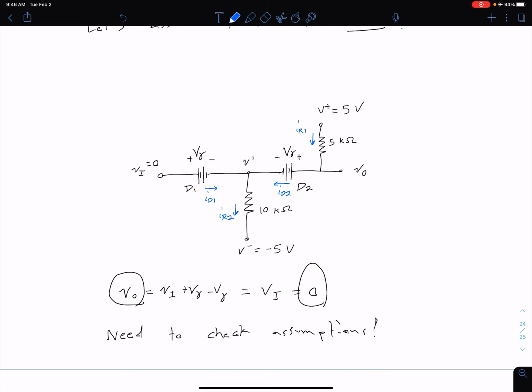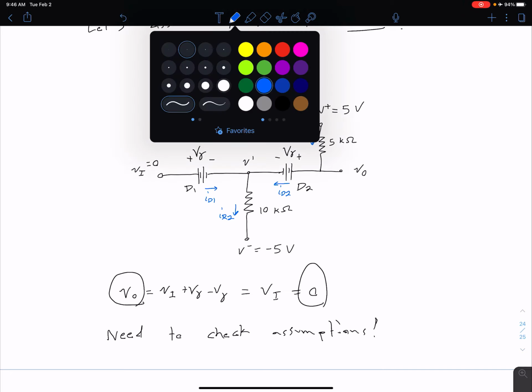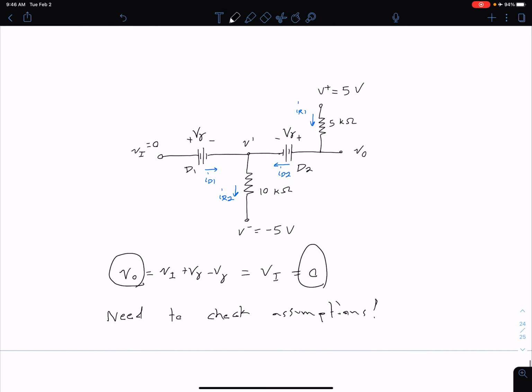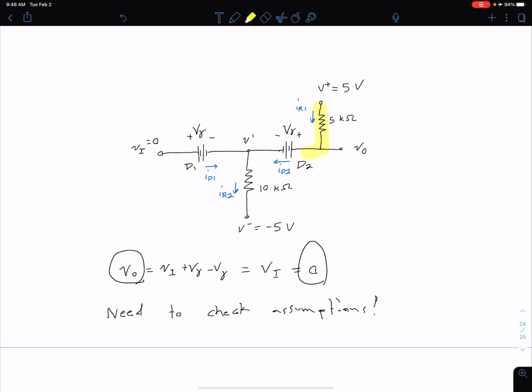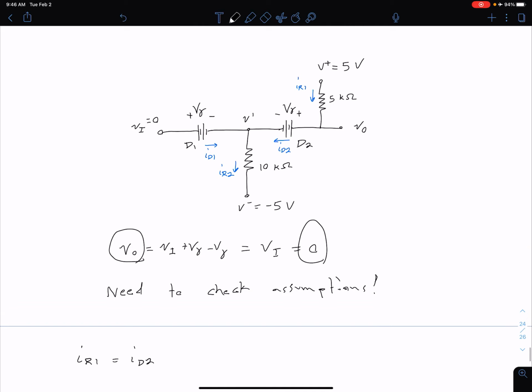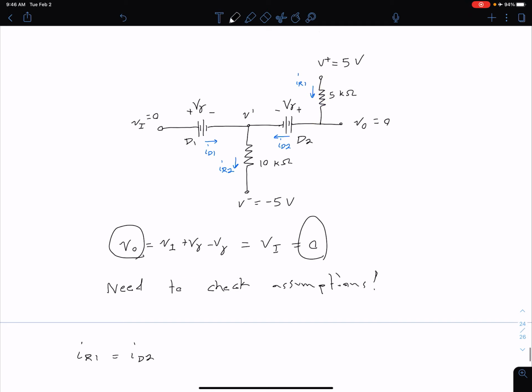Now we can use our circuit analysis to check our assumptions on our diode states. We can start by noting that IR1 is still equal to IR2 because we only have one path that the current can flow here. So let's say IR1 is equal to ID2, and remember we just said that our V out is 0, so we can use Ohm's law to find this current IR1 fairly easily.